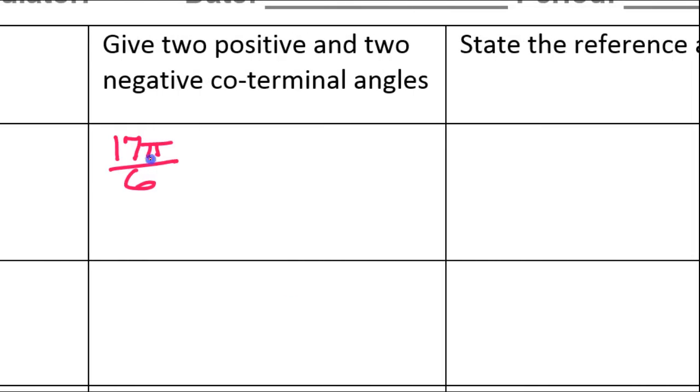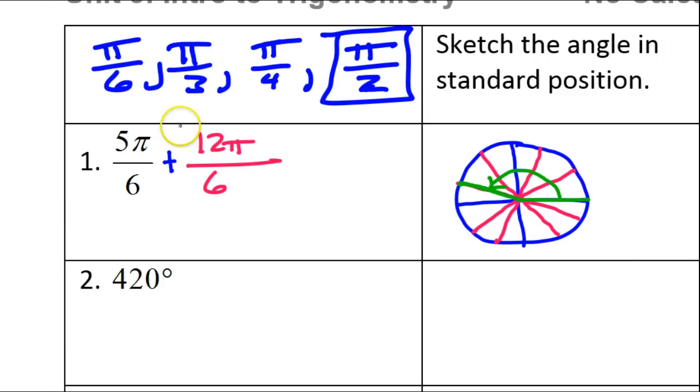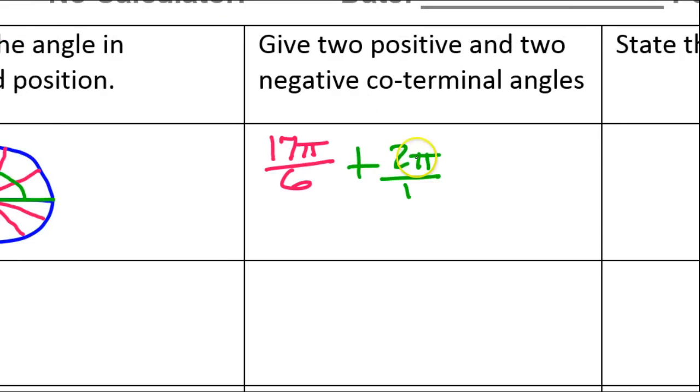If I take that and add another 2 pi to it, that'll give me another positive coterminal angle. Again, 2 pi is the same thing as 12 pi over 6, so I'm adding 2 pi but calling it 12 pi over 6 so I have like denominators.